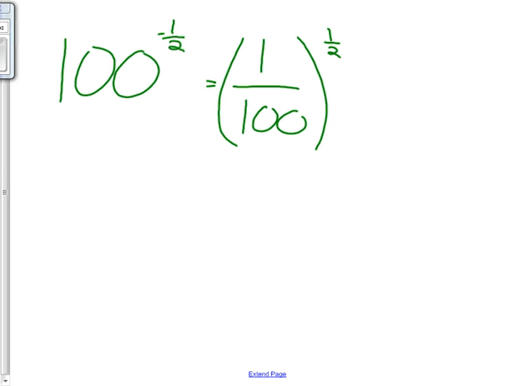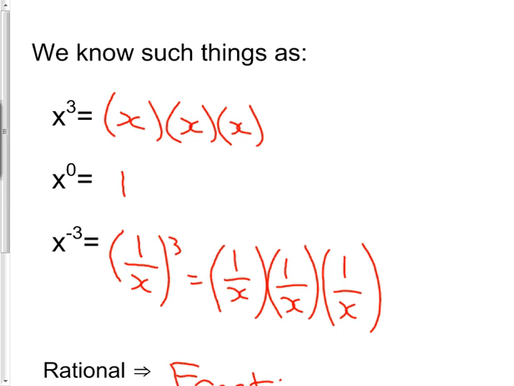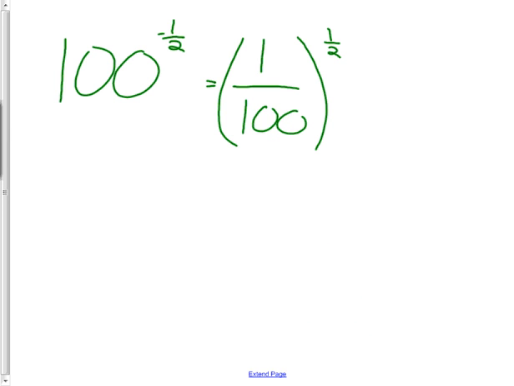All the way back on the first page, remember when we did this? The x to the negative 3 becomes 1 over x to the 3. That's the same thing that's going on here. It's still an exponent.